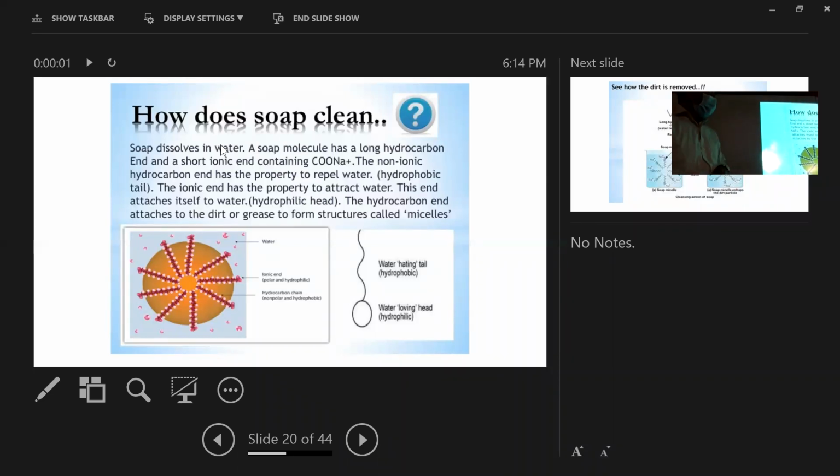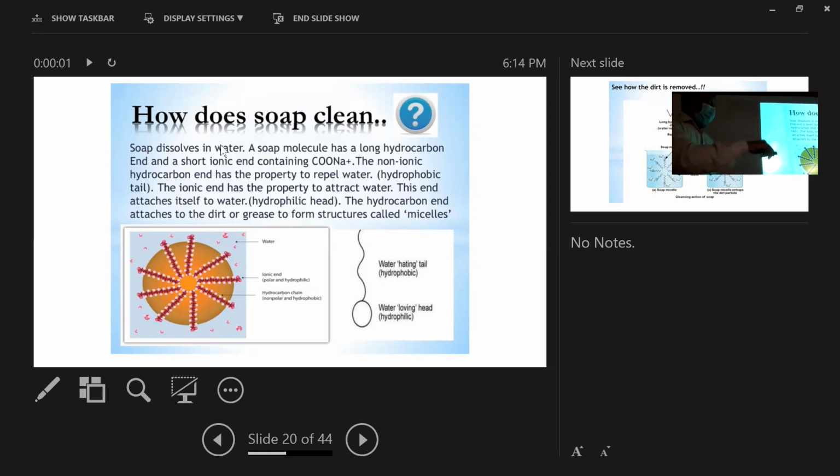Now, this is the dirt, the big one. Let us consider this is the dirt, and you have a lot of water outside. Then this is the soap. What happens to this soap? This is the head. This head loves the water.